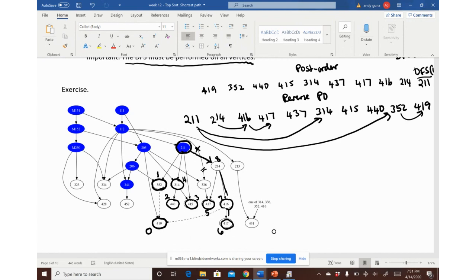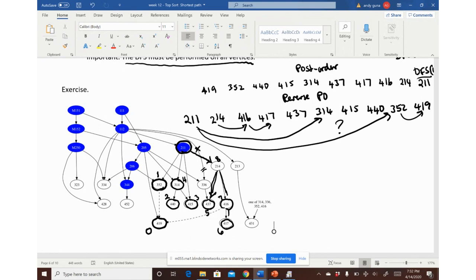Surely I could come to 437 through this, right? So I took this link to come to 437. So that's why it became 5 and 417 is 6. But there are other things missing here, I didn't draw all the connections. Notice that I came from 214 to 437. I could have gone to 416 and then 417. So the order could be different. So this is not a unique order that I will get by doing this.